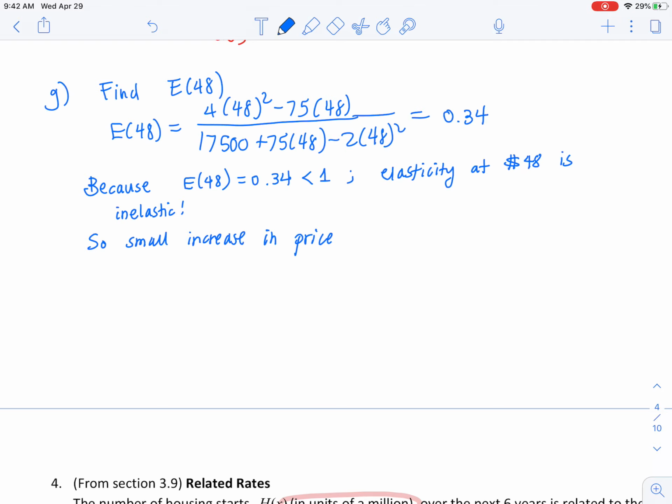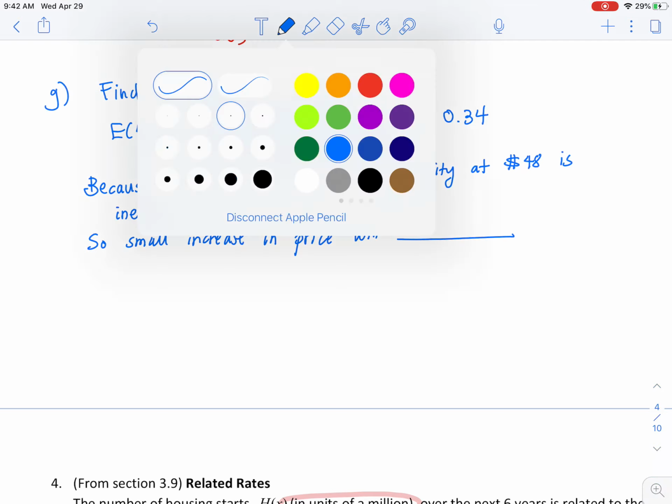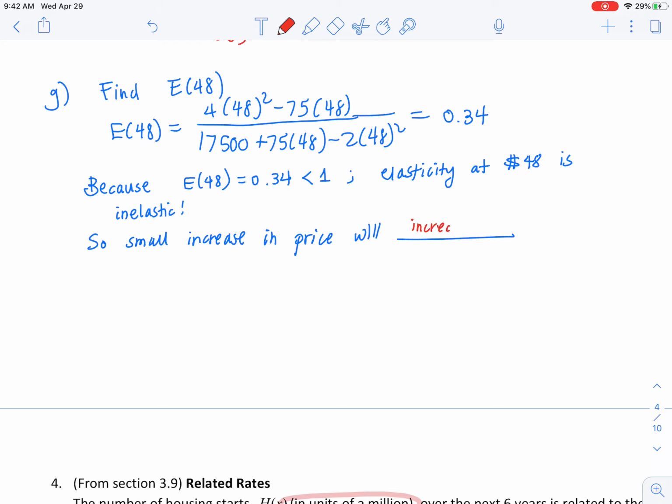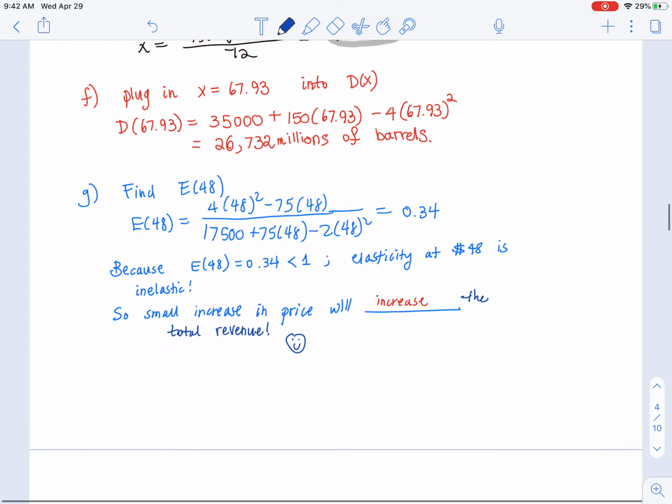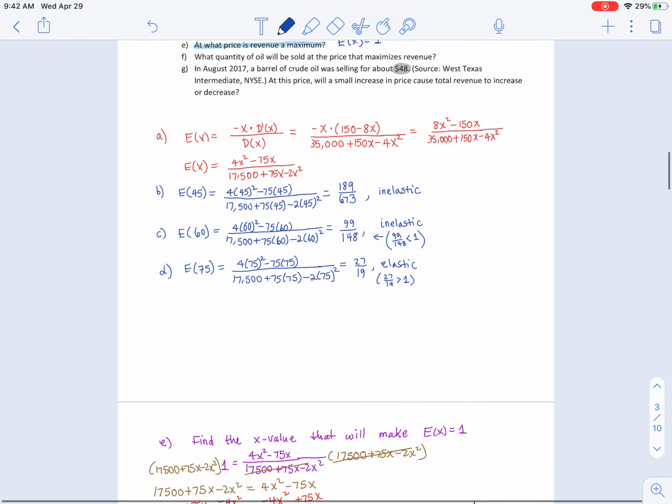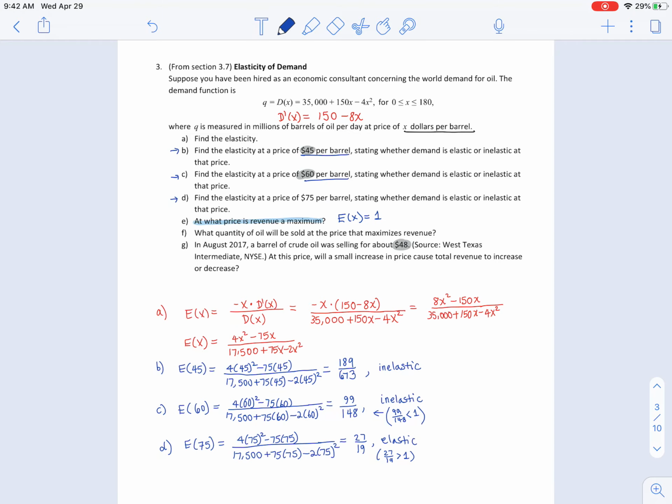So a small increase in price will increase the total revenue. So that's the conclusion. Based on the elasticity number, we know that it is smaller than 1, so they can increase the price a little bit and still increase the total revenue. So that is it for number 3.